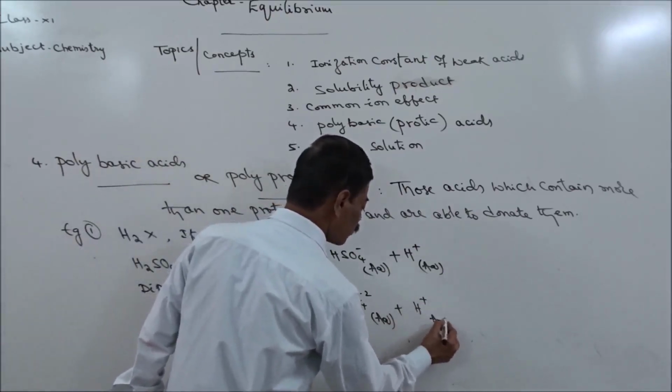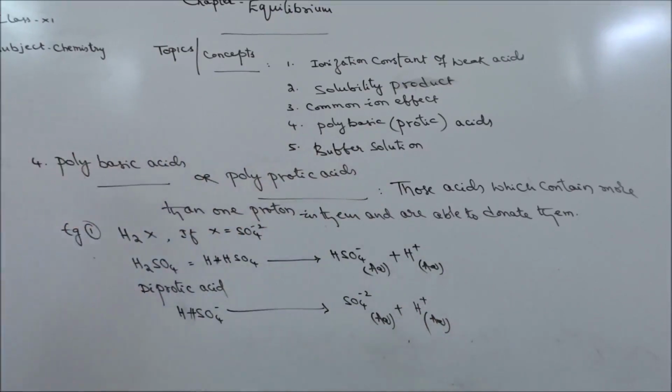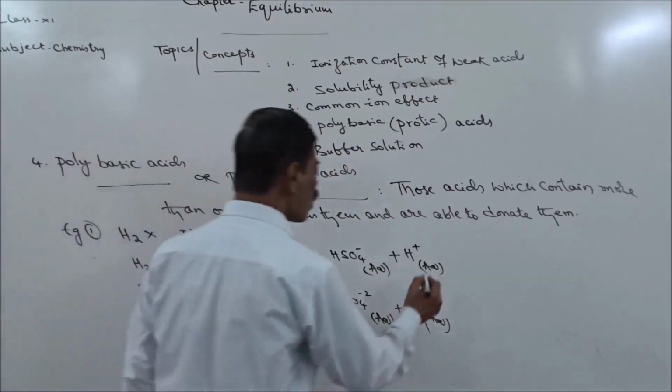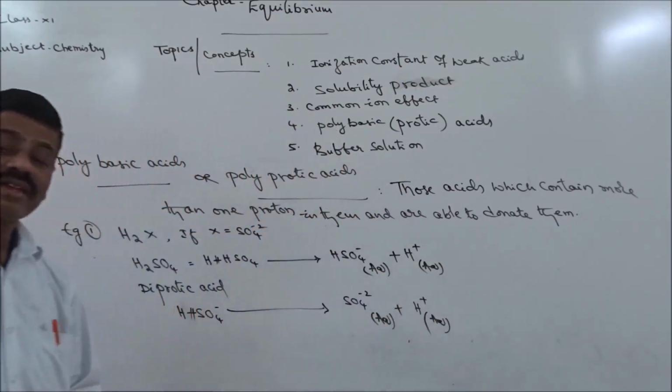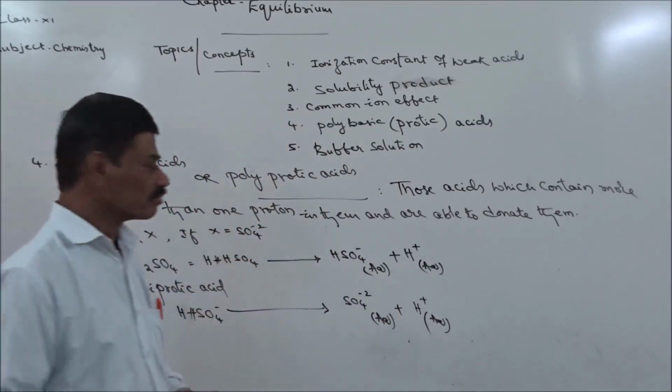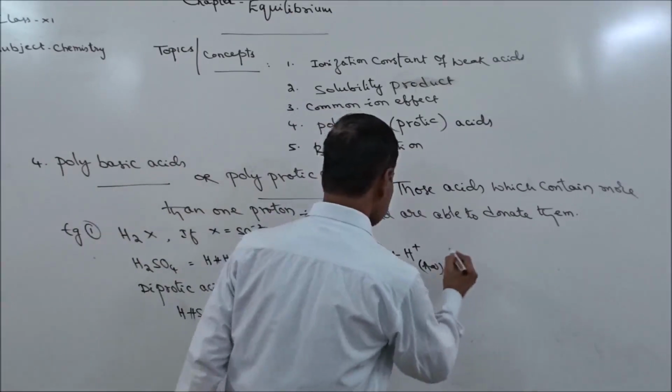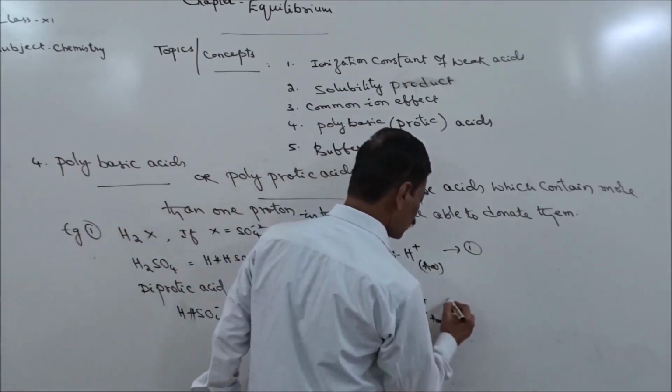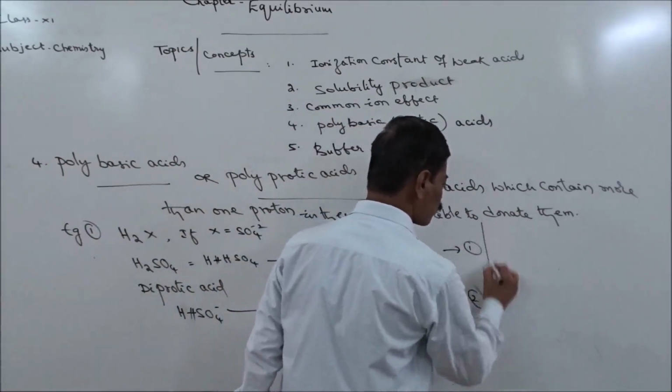Now, in this case, if we apply law of chemical equilibrium to these equations separately, right? So let this be equation number 1 and this is equation number 2.